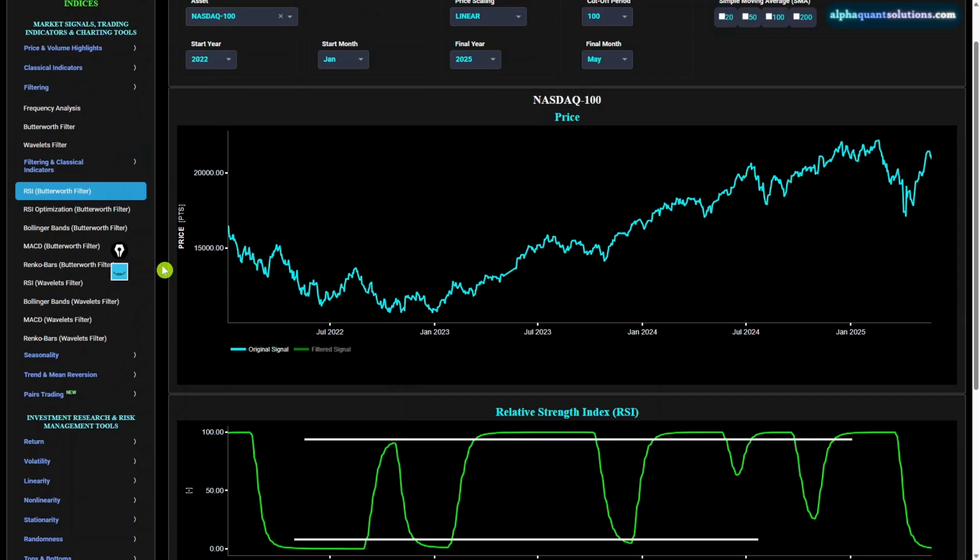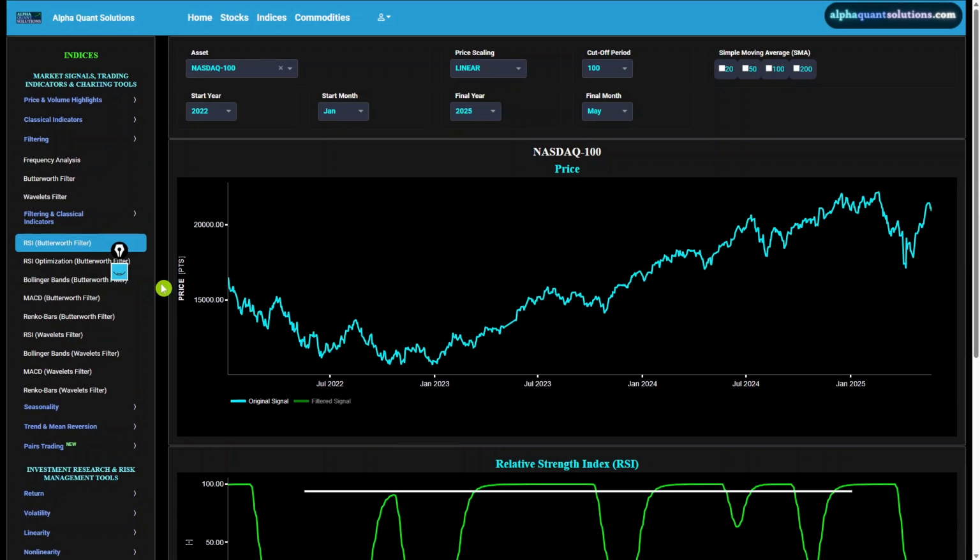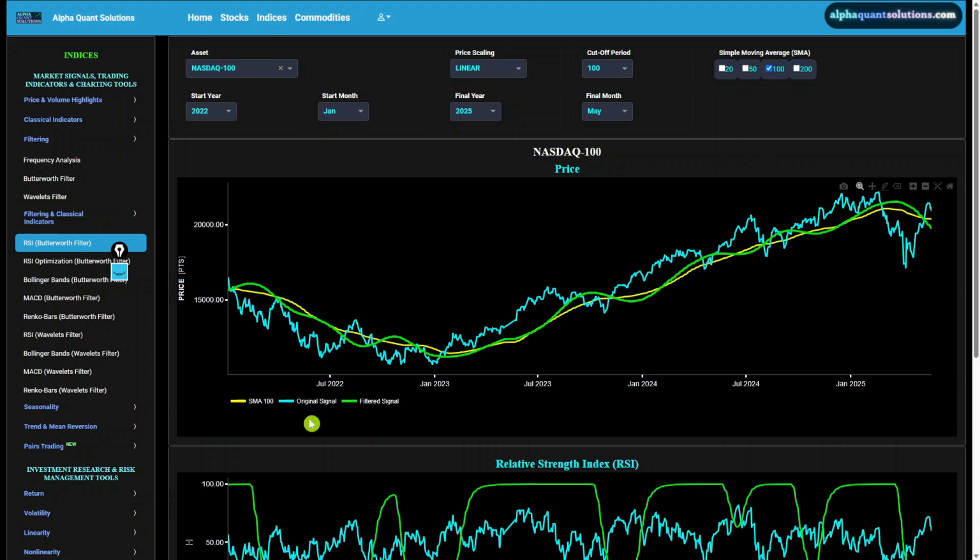Now, once we have identified a promising algorithm, in general we start adding constraints to try to refine its performance. In this case, you could consider, for instance, adding the SMA and comparing the original signal to an SMA. Here we've taken SMA 100, and then only authorize an entry trade or an exit trade depending on how the price compares to the SMA.